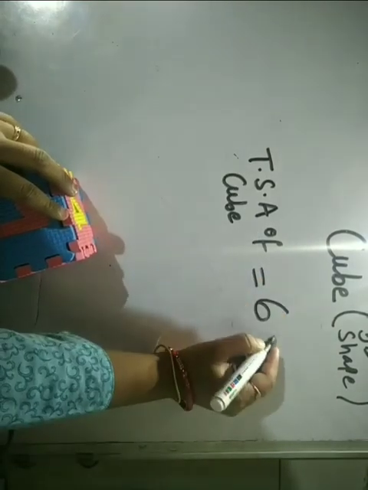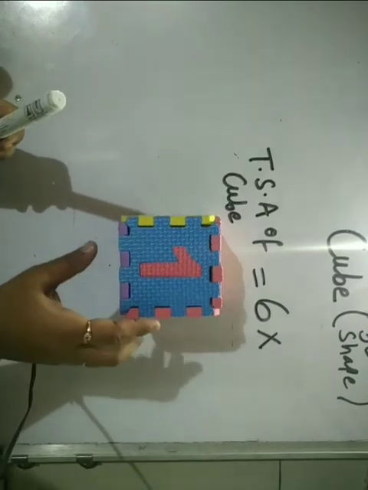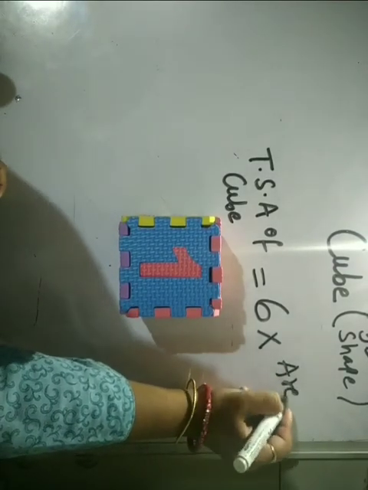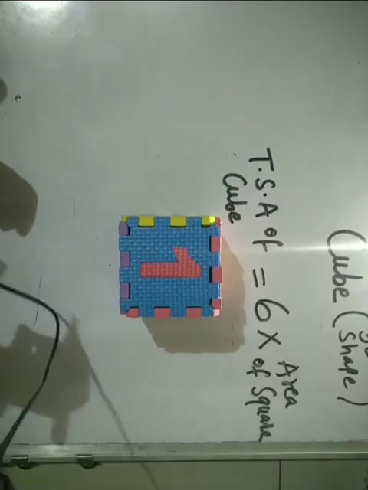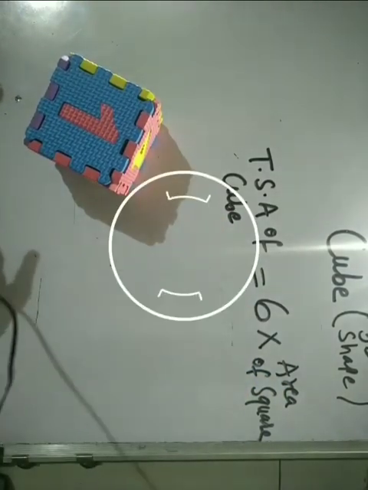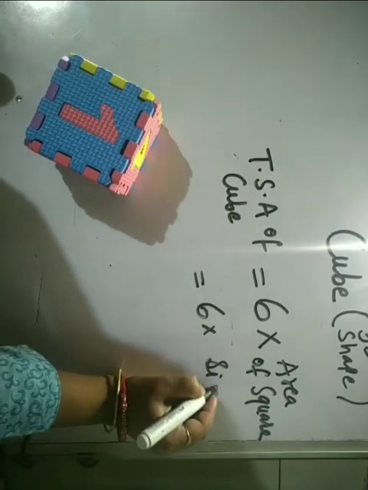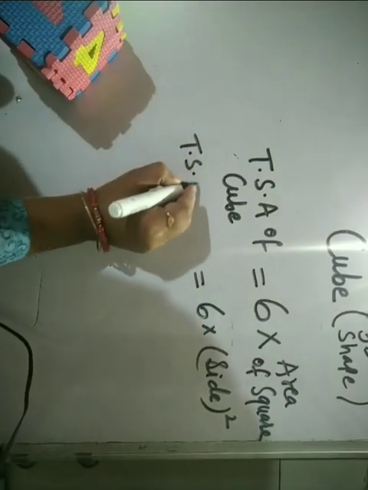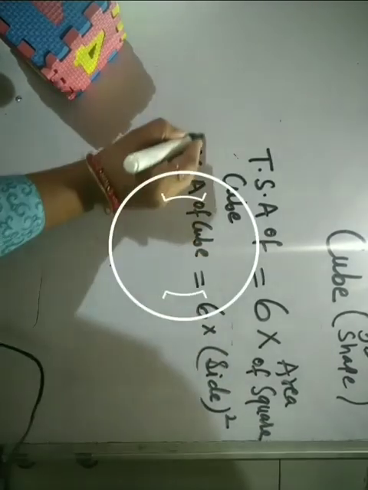That is why we will take 6, and multiply it by the area of each surface. Each surface is square in shape, so we will multiply by area of square, which is nothing but side square. So total surface area of cube is equal to 6 into side square.